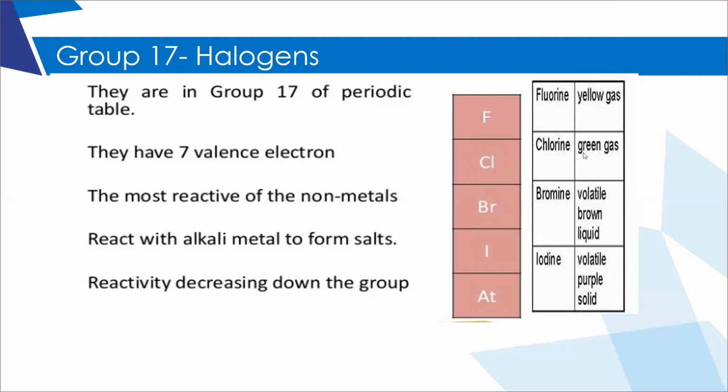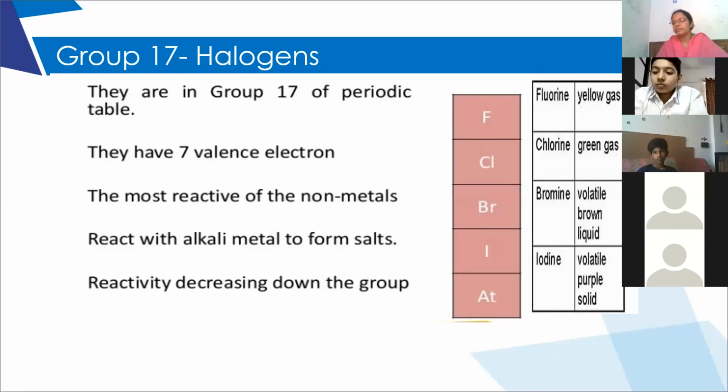What is the color of chlorine gas? It will be a greenish color gas. Bromine is the exception: the non-metal which exists as a liquid at room temperature is bromine. Remember, in your grade 7 second chapter, metals and non-metals, what is the liquid metal? Mercury.